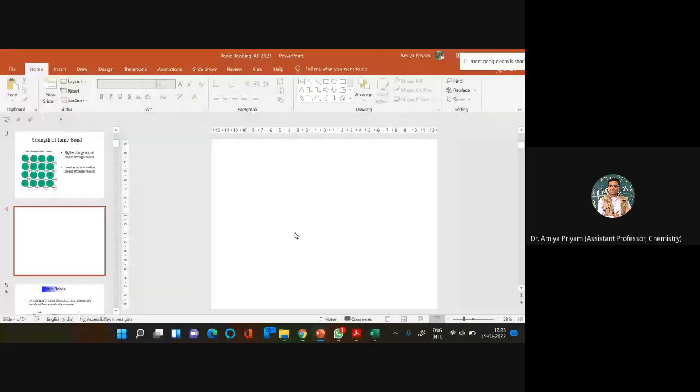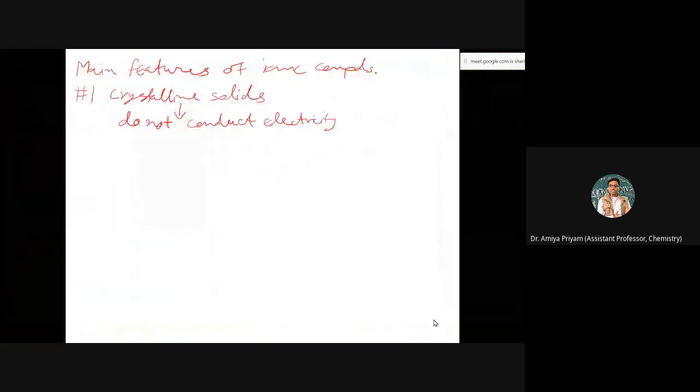So they do not conduct electricity, this you know, because why do they not conduct electricity in a solid state? Because it is solid, you have an arrangement of cations and anions which are fixed, occupying fixed lattice sites. They are more massive, held tightly in the 3D network.